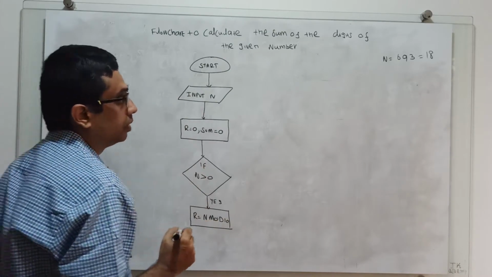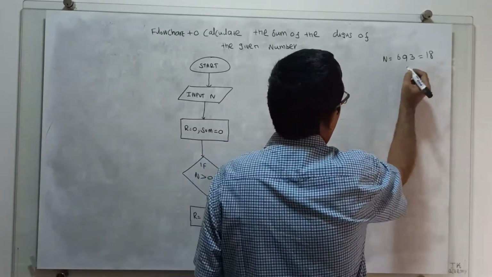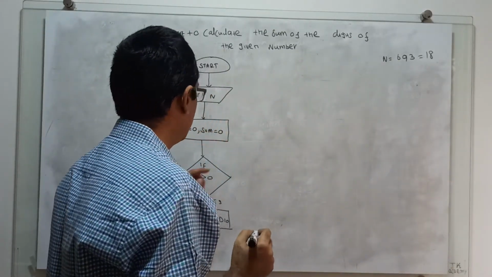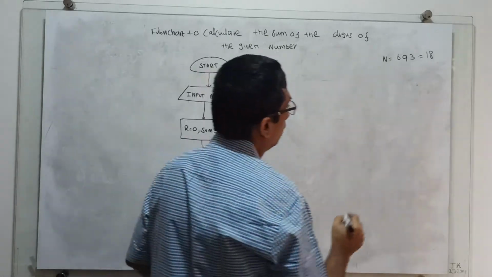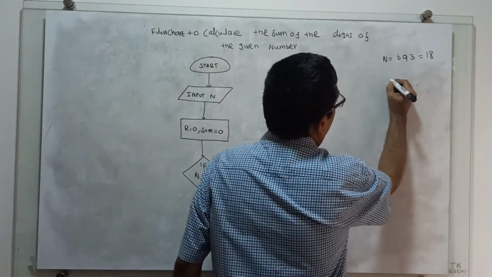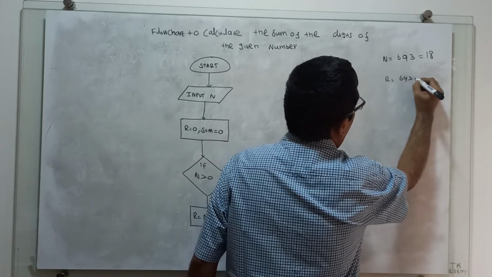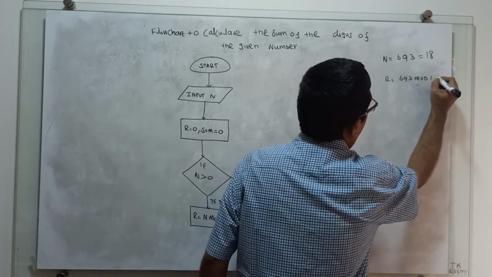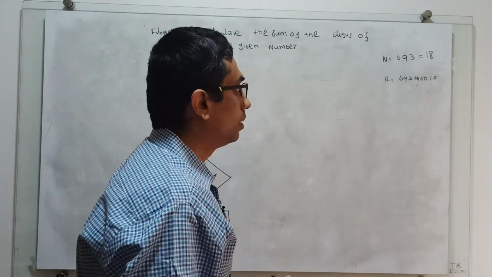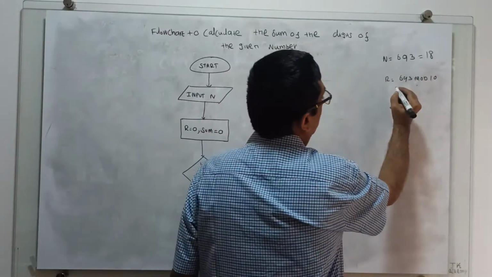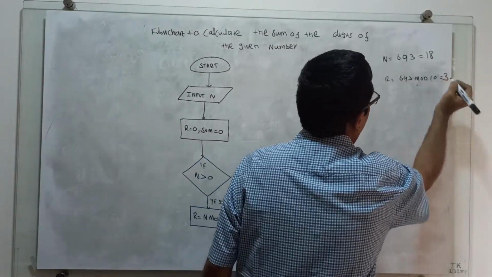So what it will do, my given value n equals 693, n greater than 0 is true, then it will calculate r equal to 693 mod 10, it will return the remainder. So 693 mod 10 equals 3, so r equals 3.